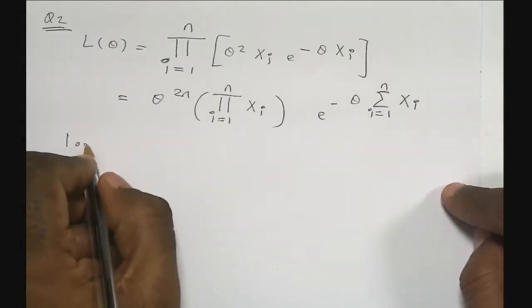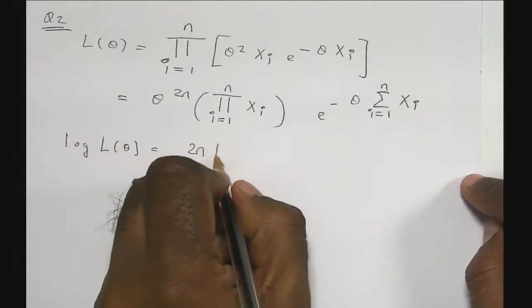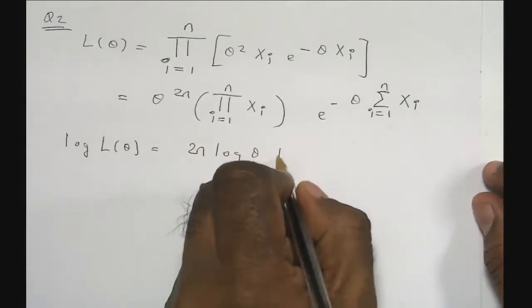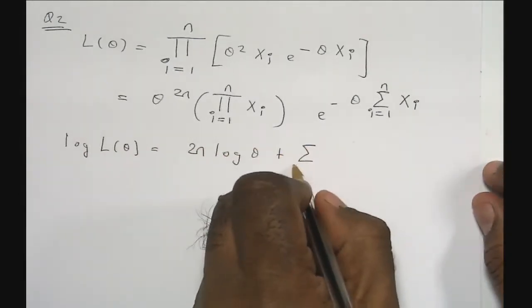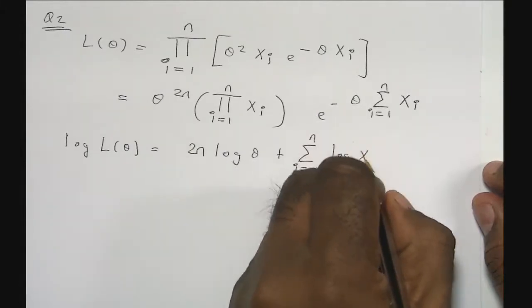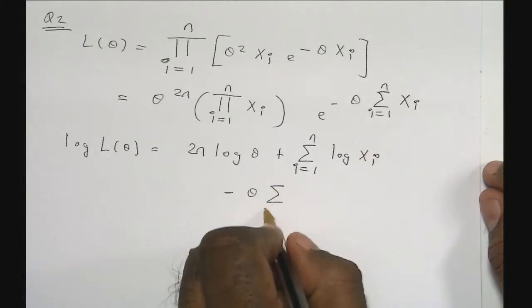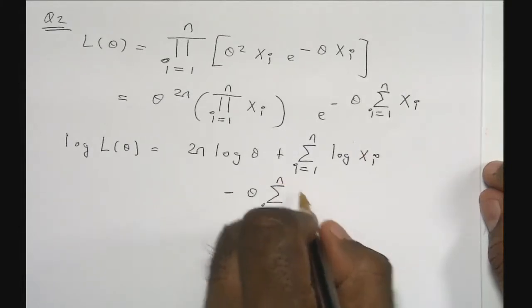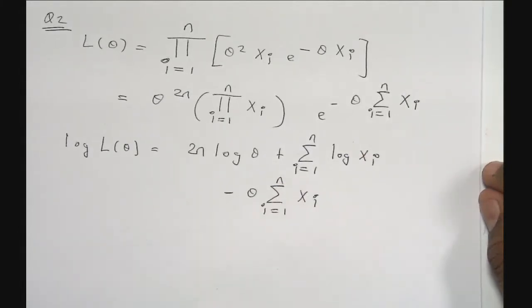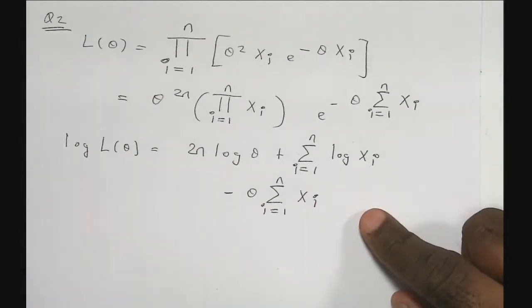Take the log likelihood. You get 2n log theta plus the sum of this plus this, guys. Alright? So this is the log of the likelihood.